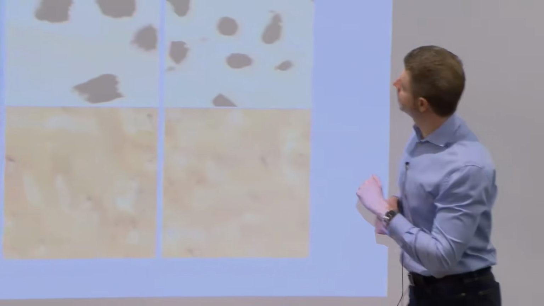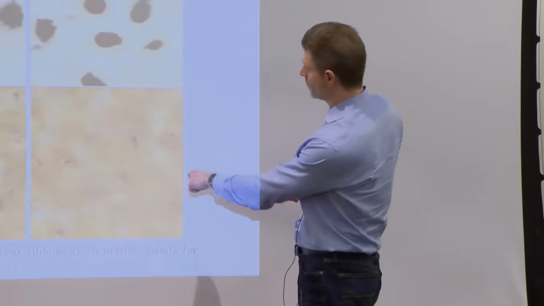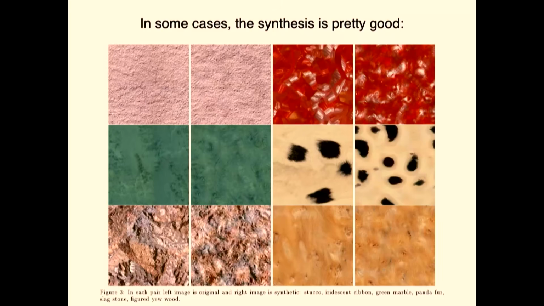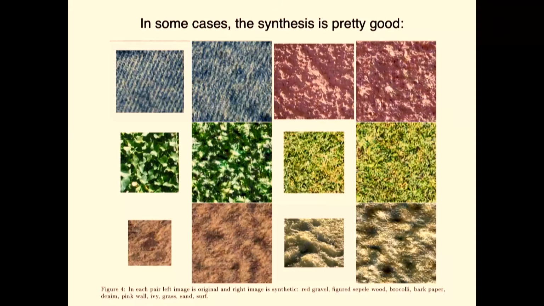So that one looks pretty good. That one maybe looks pretty good. In some cases, they don't look perfect, right? You can definitely see some things that are kind of funny about them. Okay? But there are a lot that look pretty good. Here are some other examples that look pretty reasonable. So maybe you can get something that looks like leaf or some kind of carpet or something.